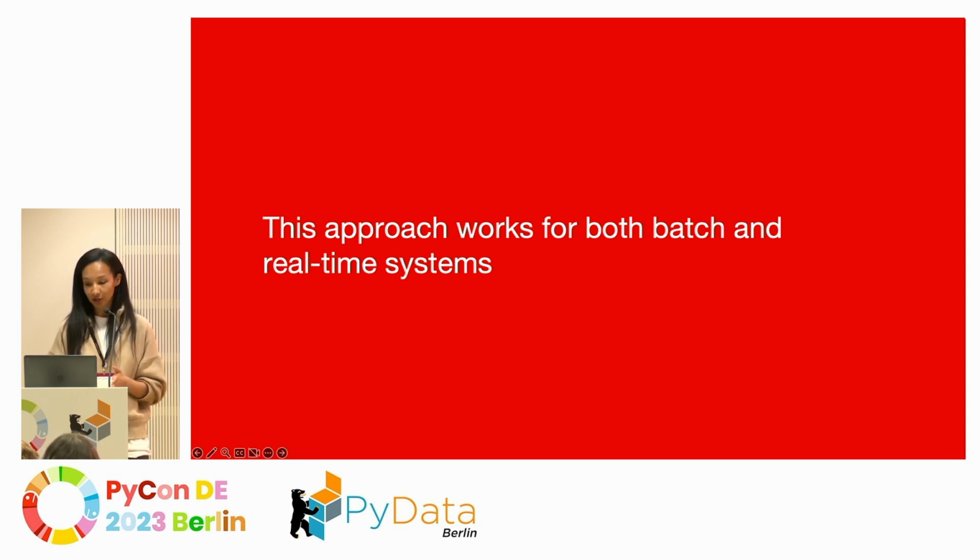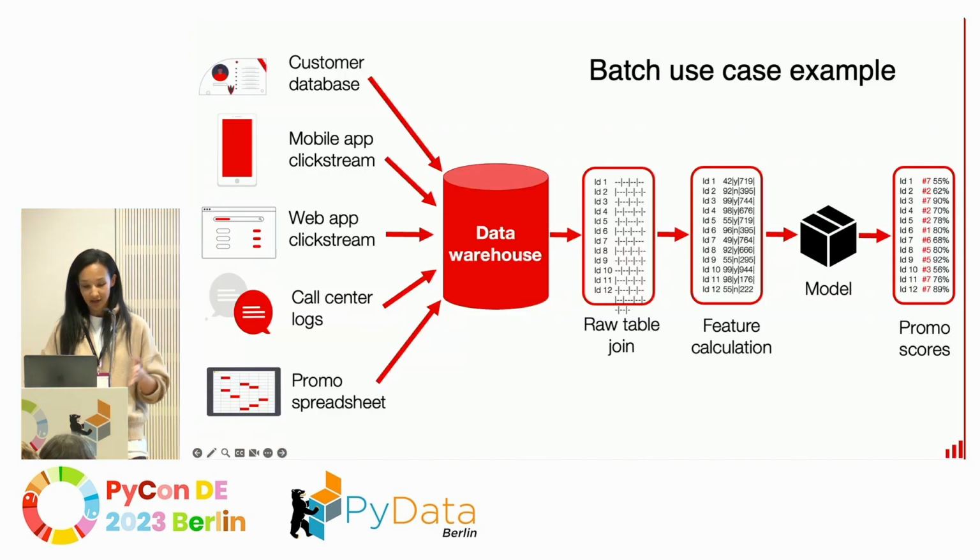But when it comes to batch, it also works very nicely. You collect and combine your data from many different sources, then perform a join and pre-processing, derive features, calculate the model, create the outputs, and then use them. For example, as in the slides, it might be a marketing campaign that you are trying to optimize with the help of a machine learning model.